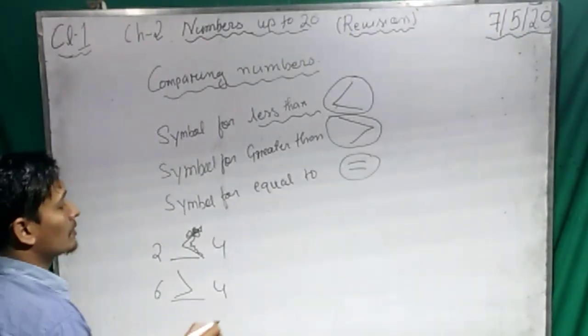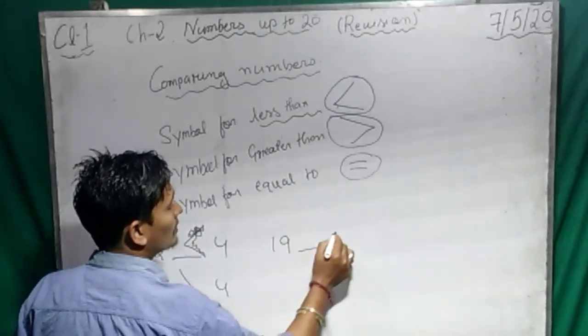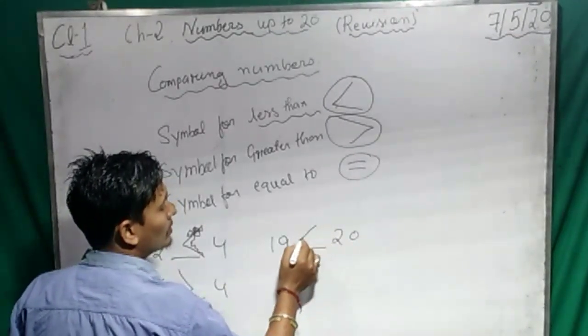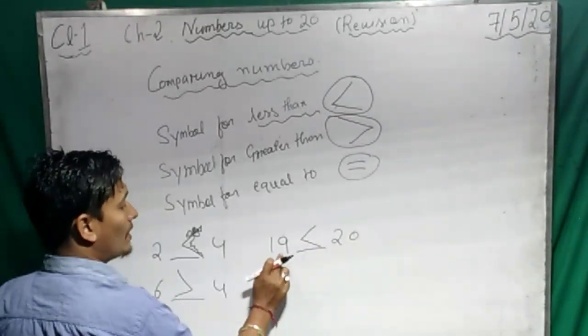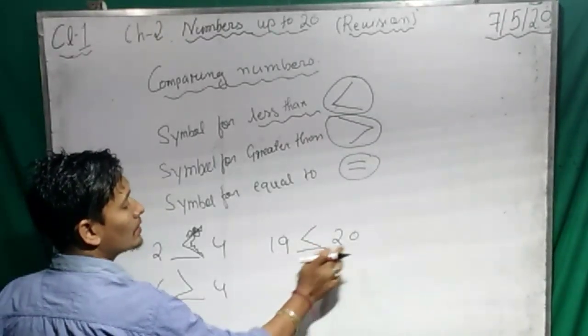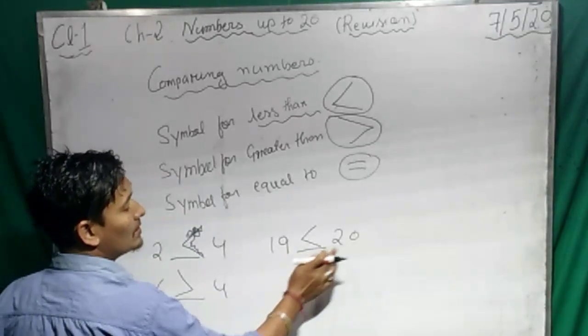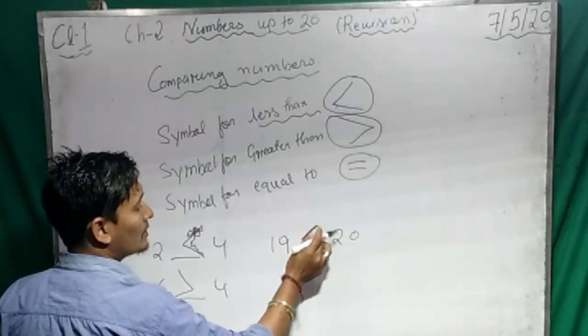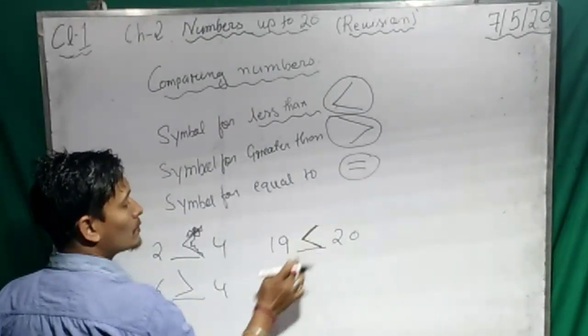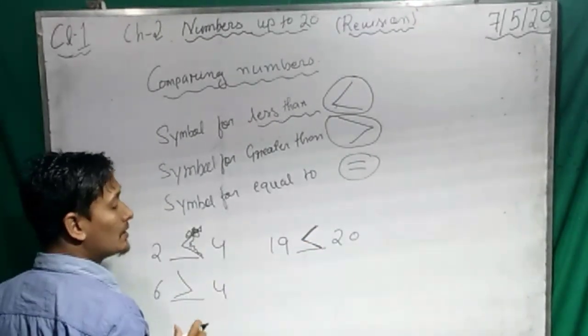Clear, students? Suppose 19, 20. So this. Why? Because 20 is greater. So 19 is less than 20. So this is the less than symbol. Keep it in mind that the open mouth always shows the greater number.